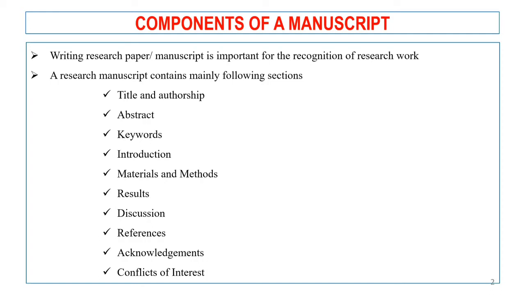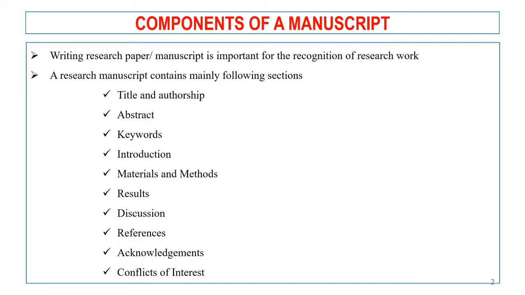A research paper or manuscript mainly contains the following sections. The first section is the title and authorship, and the second is the abstract, then keywords and introduction, materials and methods, results, discussion, references, acknowledgements and conflicts of interest.